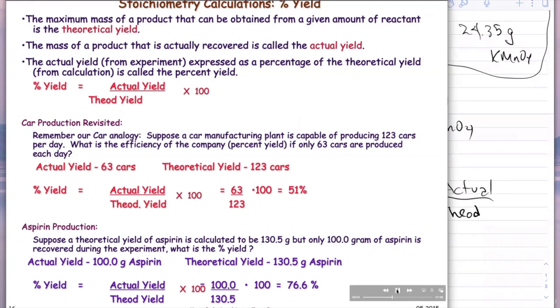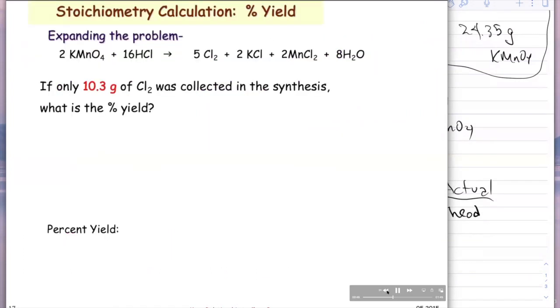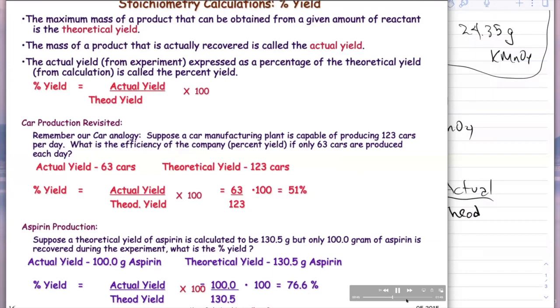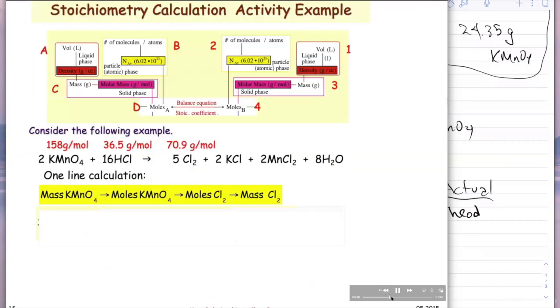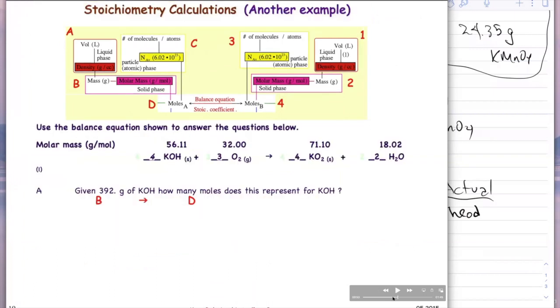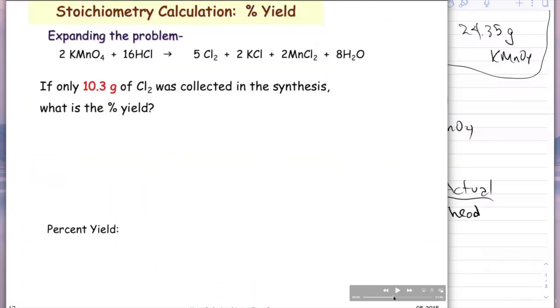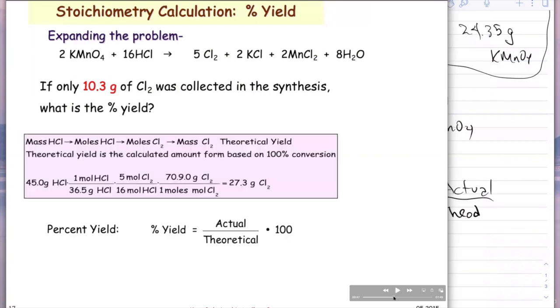This is just a problem here. I apologize, it's hard to navigate sometimes. In terms of the percent yield, you can see that I actually had 10.3.